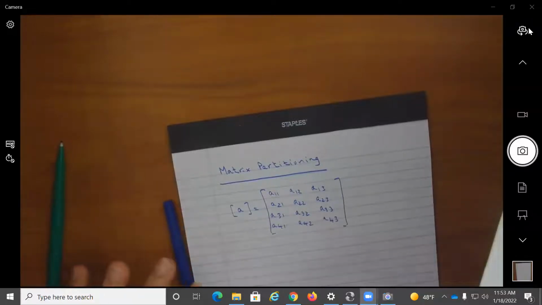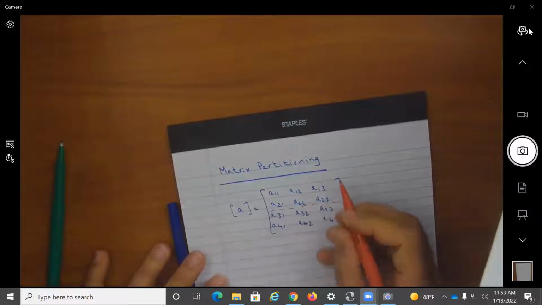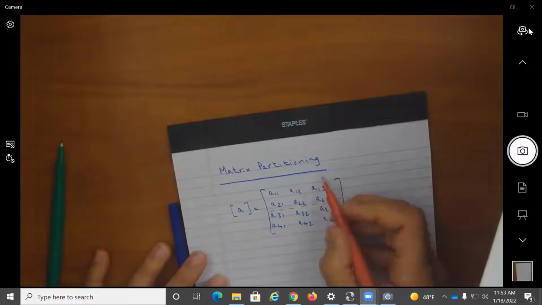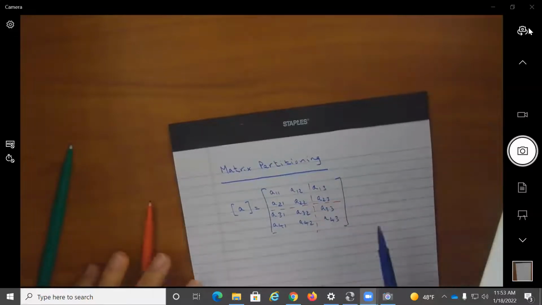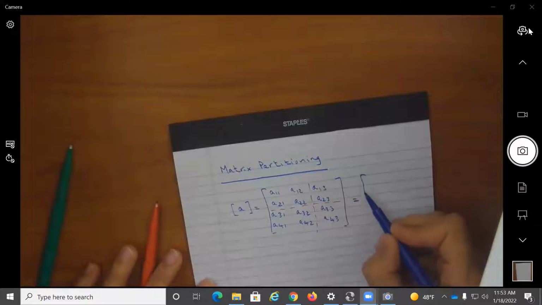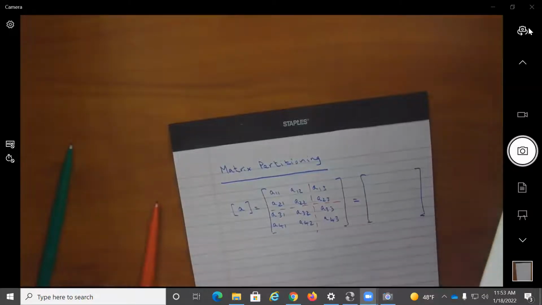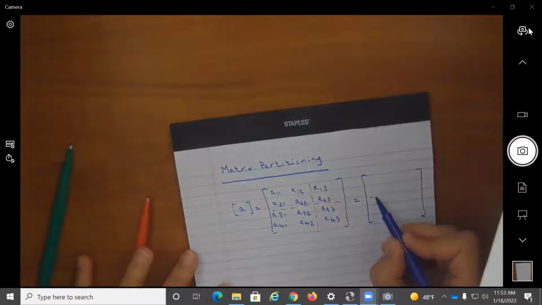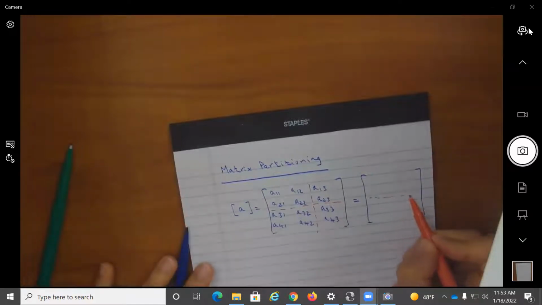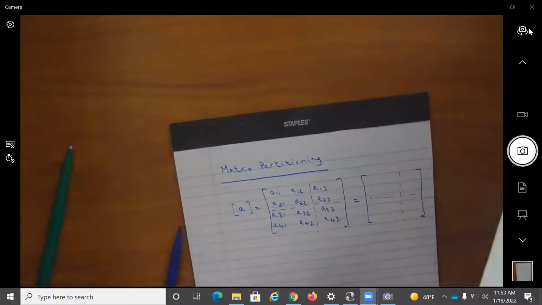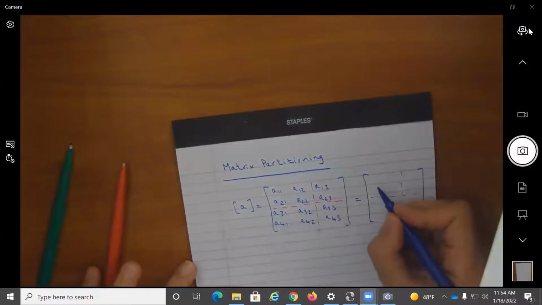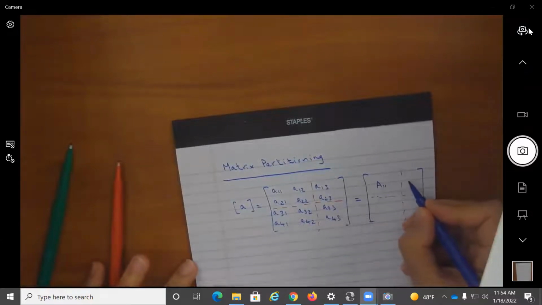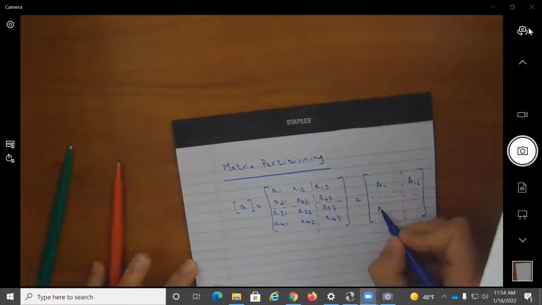I can partition this matrix like this. And I can say this is equal to A11, A12, A21, and A22.